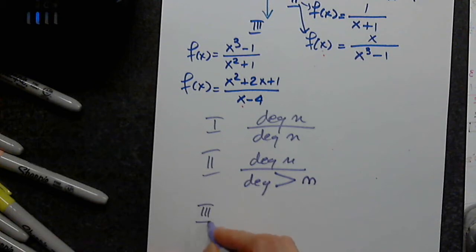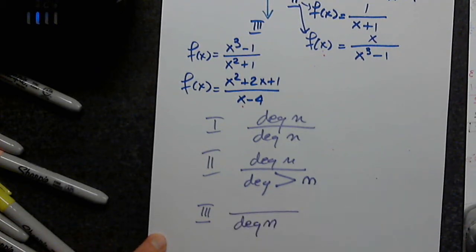And the third one: the degree on top is greater than the degree on the bottom by exactly 1. So if the bottom is degree n, what is the degree at the top? That's it, n plus 1.